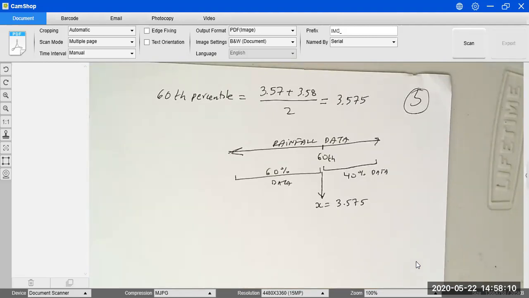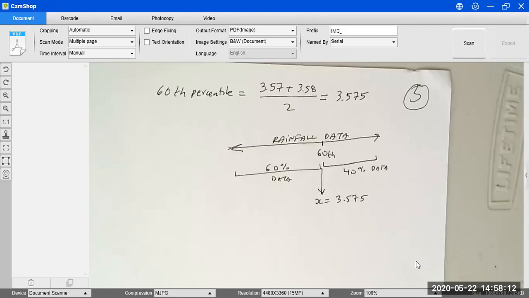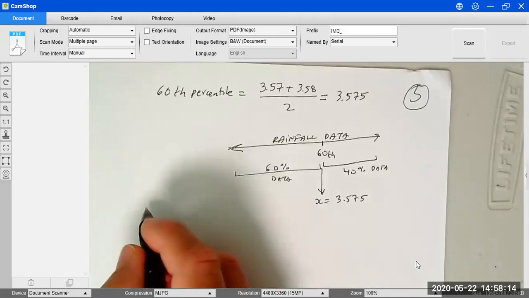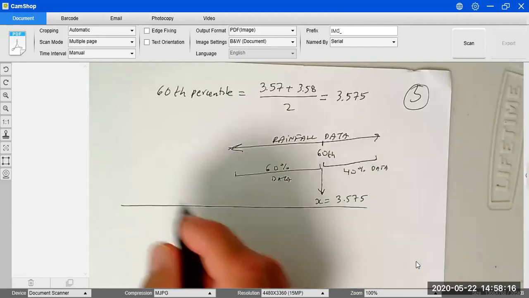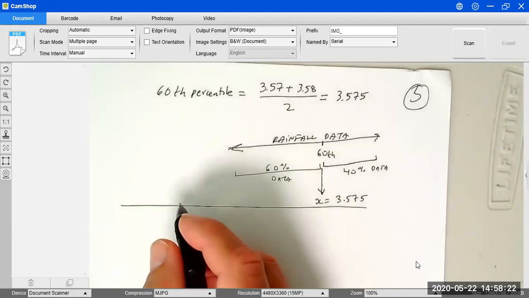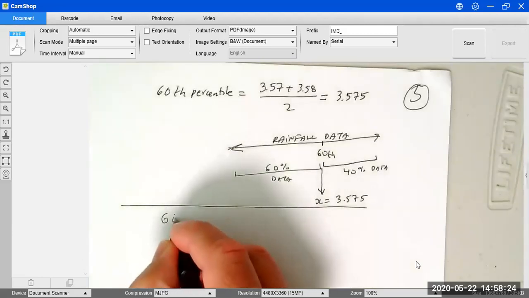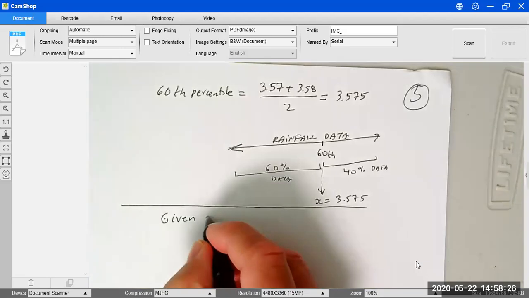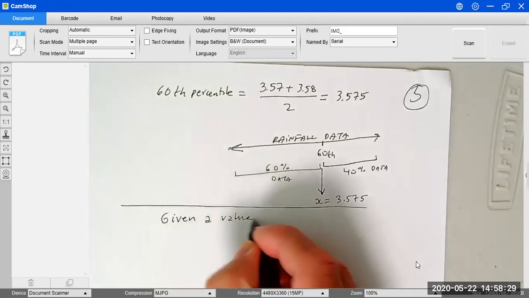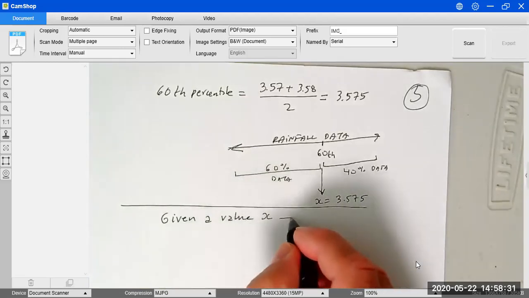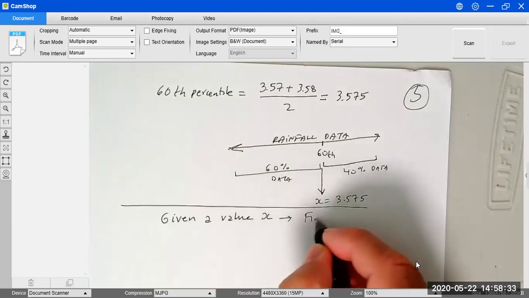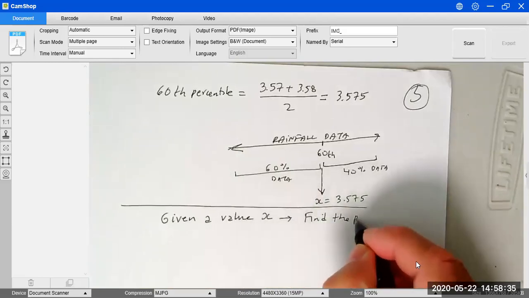So now we're going to do the opposite. Given a value x, now we're going to find the percentile.